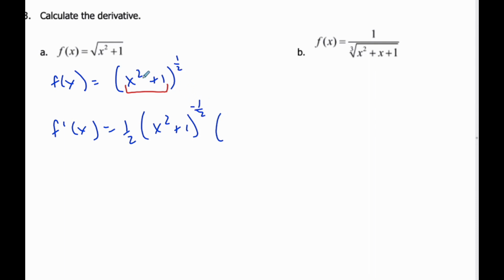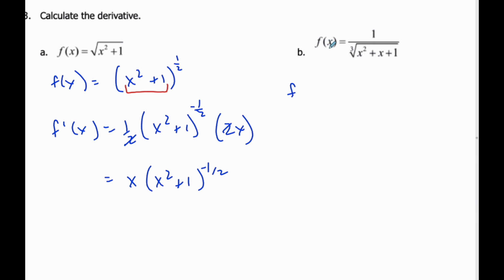And then I'm going to multiply it times the derivative of the inside. So the derivative of the inside is 2x plus 0. And this simplifies quite nicely. Those 2's go away, and I get x squared plus 1 to the negative 1/2. Okay? You should pause the video and try this one on your own first.